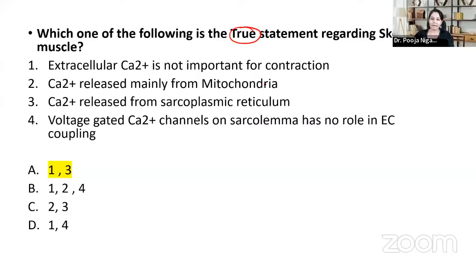So whatever calcium is released, it is released either from the ECF or from the sarcoplasmic reticulum. That's true. Voltage gated calcium channels on the sarcolemma have no role. Now understand, the role we are talking about is that of DHPR. Unless and until the DHPRs are activated, they cannot open the RYR channels. So that's why only 1 and 3 are correct over here.